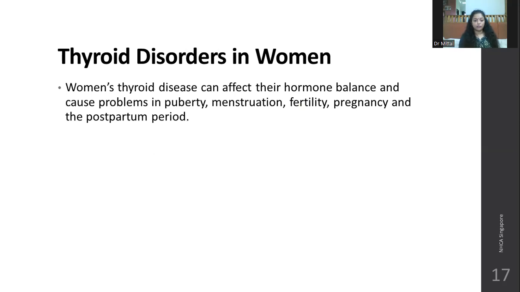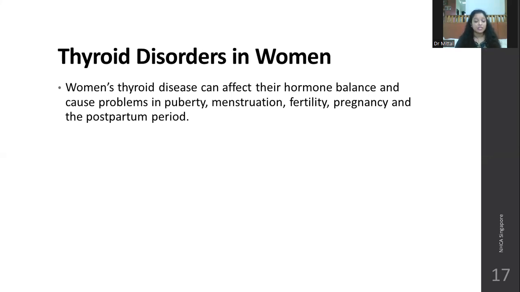Thyroid disorders in women. Women's thyroid disease can affect their hormonal balance. It can cause problems during puberty. Whenever a thyroid disorder affects a woman, there are immediately issues in puberty, either delayed or early puberty, menstruation, heavy periods or very scanty periods, irregular periods, fertility, difficulty to conceive, or even if you have conceived, difficulty carrying on to the end of the pregnancy.